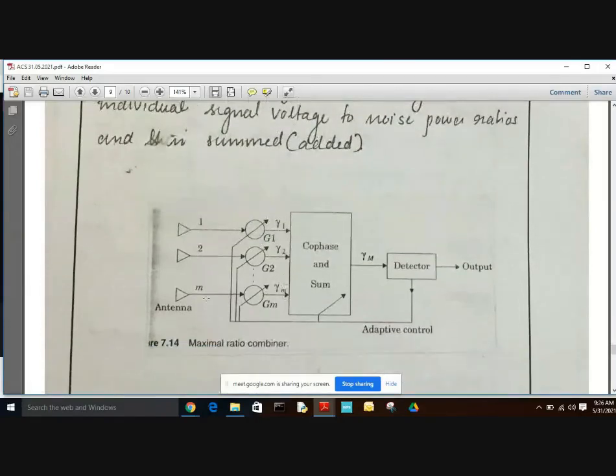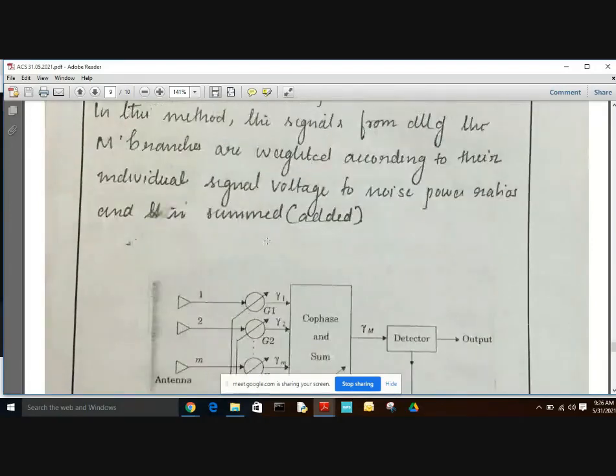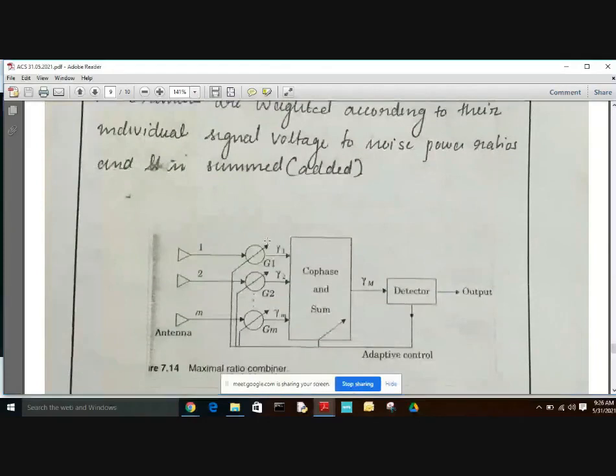So this is the M signal. We give a weight to the M signal according to the signal to noise power ratio, and we sum, that is, co-phase and sum. Here we sum, and that goes to the demodulator. The individual signals must be co-phased before being added.